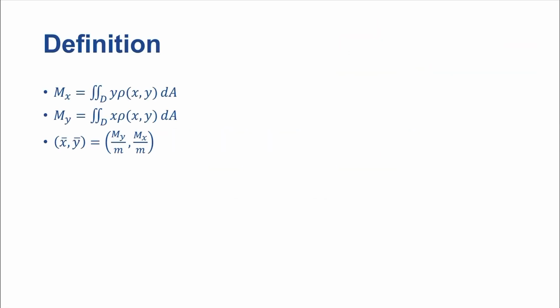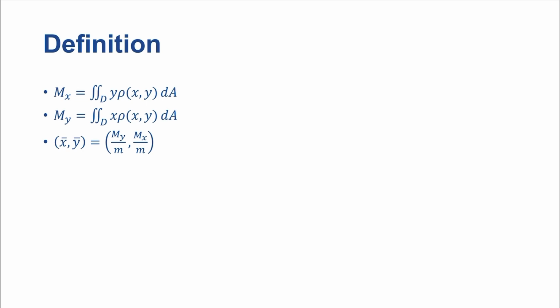So here are our equations that we want to know. Now our x moment is equal to the integral over the domain of our solid of y times our density. And then the y moment, the y first moment, is equal to the double integral of x times the density function.